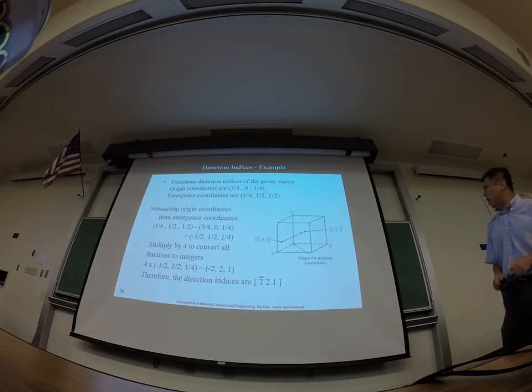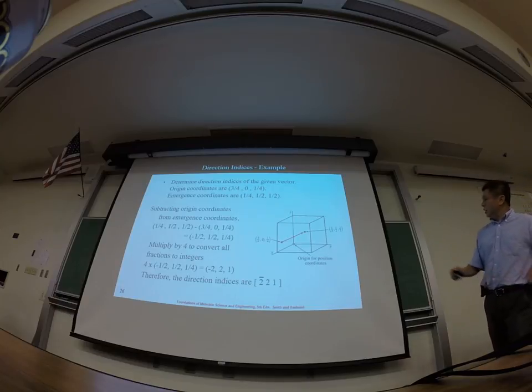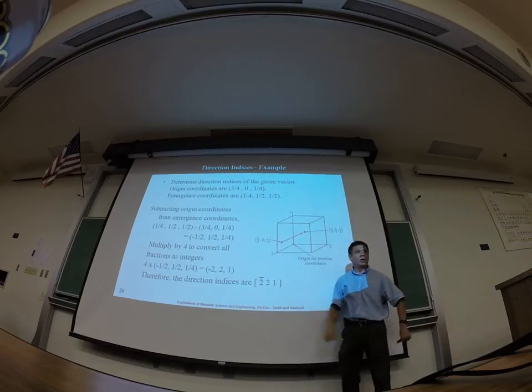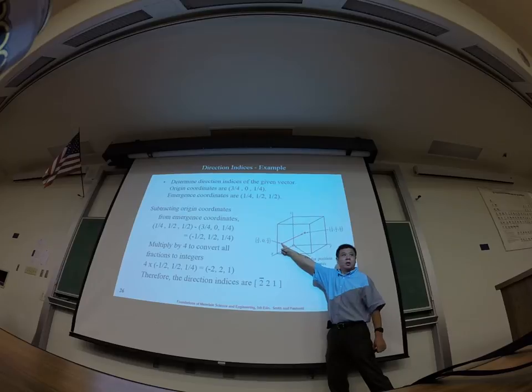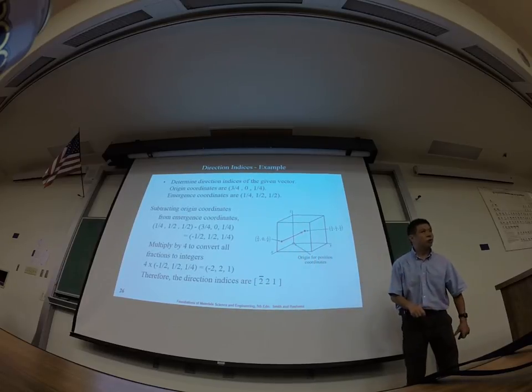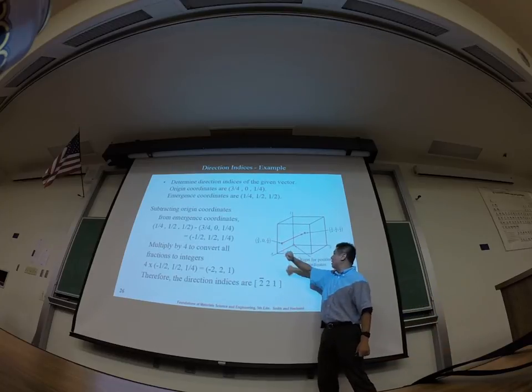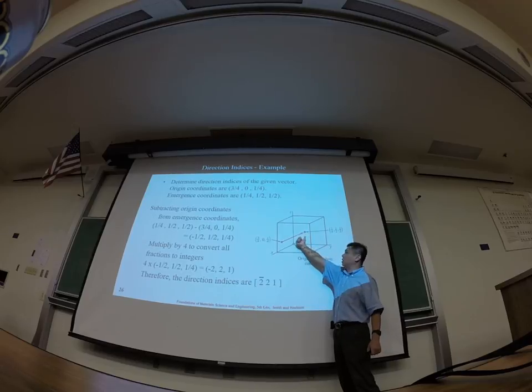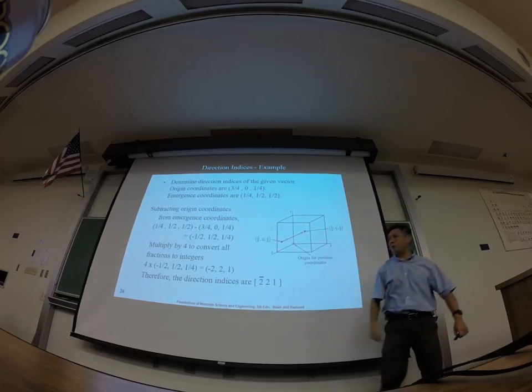Okay? So one example here, if I want you to decide the direction index for this vector, the starting point is here. You need to know how to determine these numbers. And then the endpoint is there. That means from this point, the vector is protruding out of the unit cell.